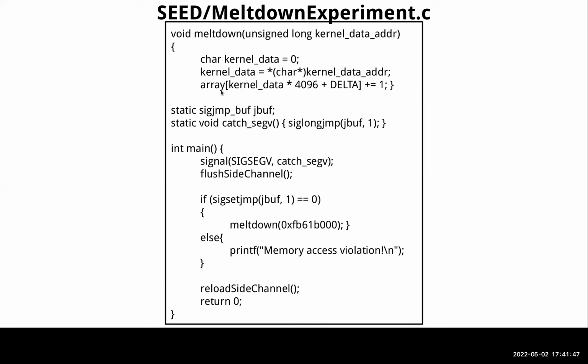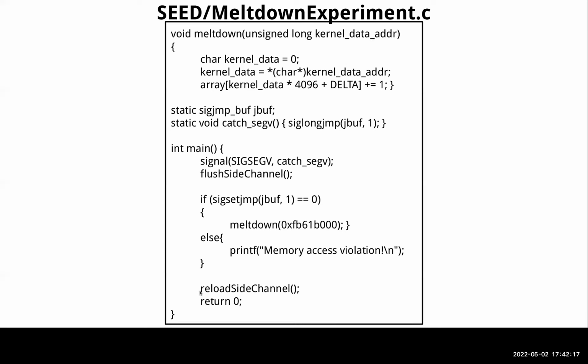Let's say this is an array in main memory. We're trying to add 1 to its data. That will not happen. After this, the data in that array will not be changed; it will not add 1. However, it will already have been brought into the cache. So after that, we do the reload attack, flush and reload.